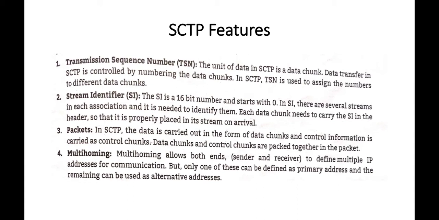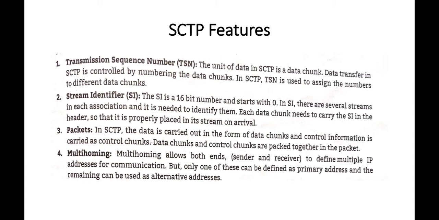So we use numbering for the data chunks, and data chunks are also used to control the protocol. Data transfer in SCTP is controlled by numbering the data chunks, which plays a very important role, both in allocating a number and in controlling the data chunk.